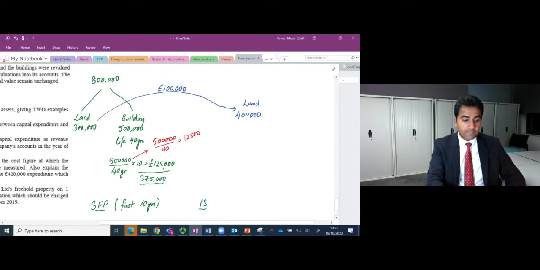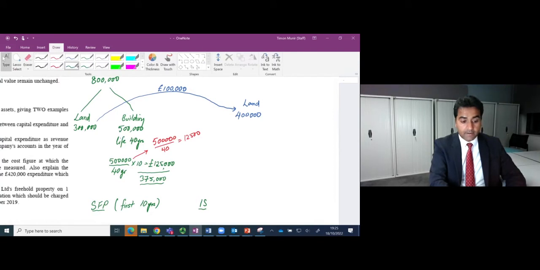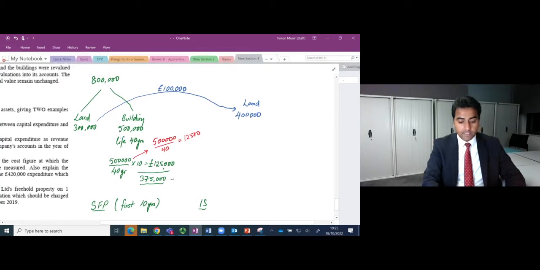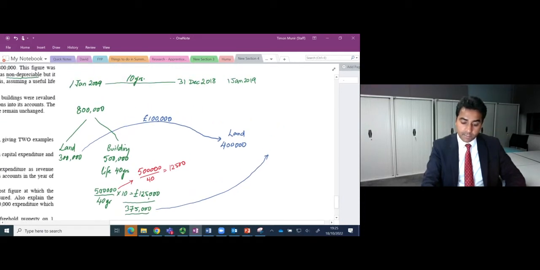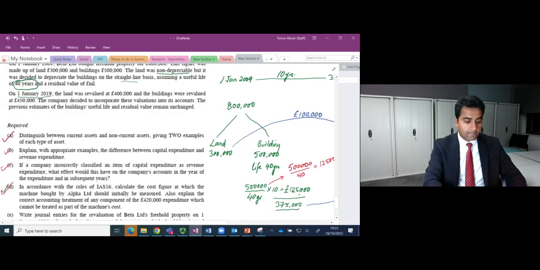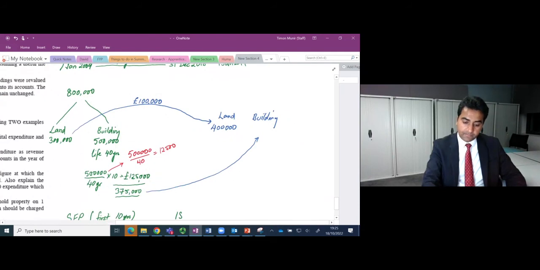This £375,000 carrying value has been increased, and the new value of the building on 1st of January 2019 is £450,000.